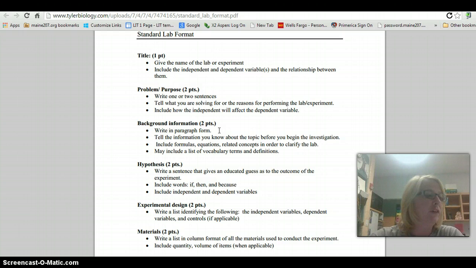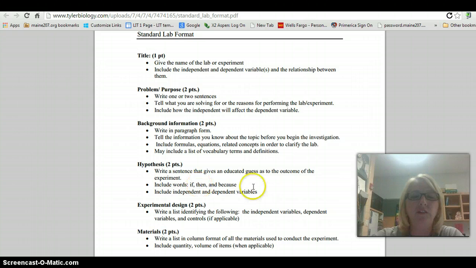For example, for the diffusion and osmosis lab, I'm expecting to see some things about what is diffusion, what's osmosis, what's water potential mean, some of the basic underlying concepts that we've been learning about should be talked about in this background information, so that a reader would be able to understand what you're trying to prove or trying to provide data about. So this is where you would include formulas, equations, maybe some new vocabulary. Obviously diffusion, osmosis, water potential are things that definitely should be included in this lab.